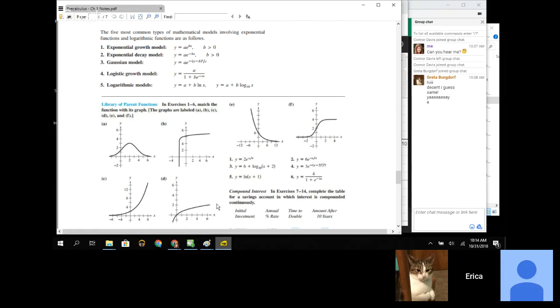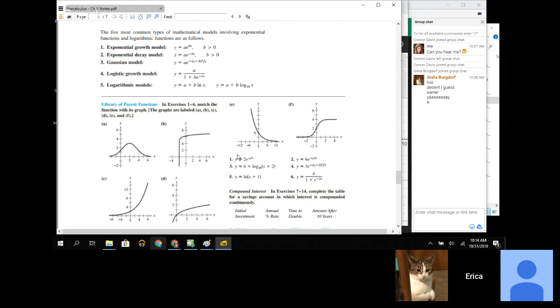D, right? The inverse is usually when we reflect about y equals x. And we kind of talked about that back in the beginning. So this would be a logarithmic function. B also is a logarithmic function. It's just kind of had some crazy things done to it.